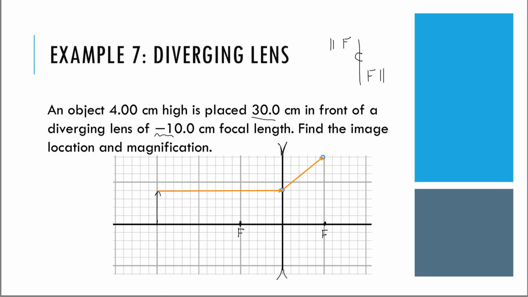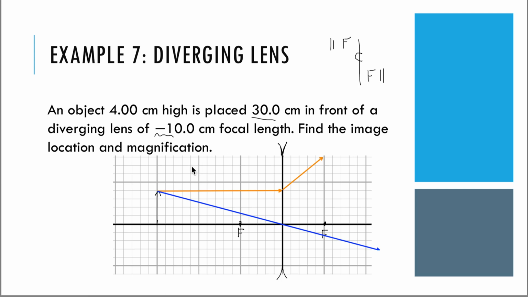And then the second ray is going to go through the center and keep going. So start it right there and have it go right through the center. We'll try to be as accurate as possible, and we could count squares if we wanted to. And then the third ray is going to try to go to the focal point on the other side, right over here.